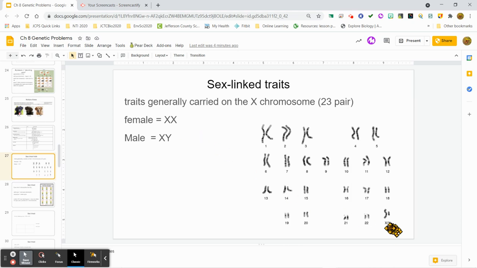A female would be XX, with 2 chromosomes that look like that. The Y is missing part of the X. So the first 22 pairs are autosomal, and the last one is sex-linked. When we talk about sex-linked, we're talking about this pair of chromosomes.